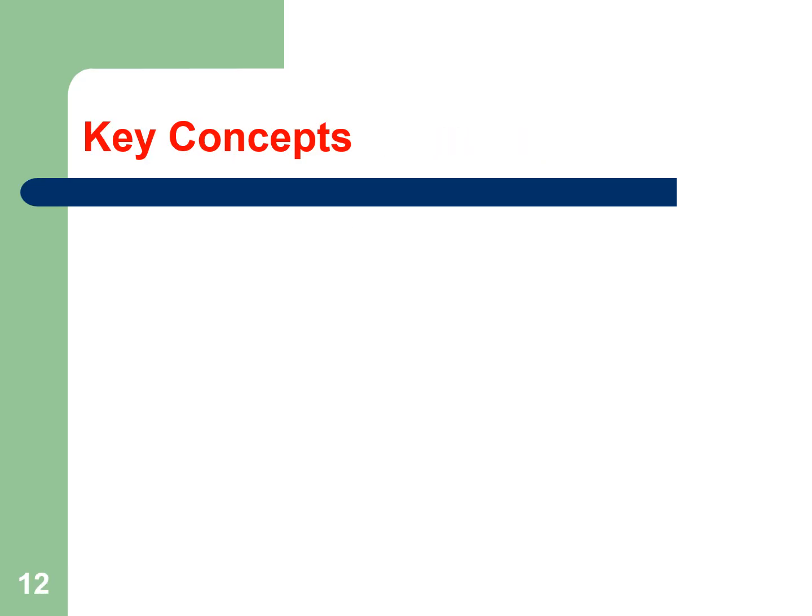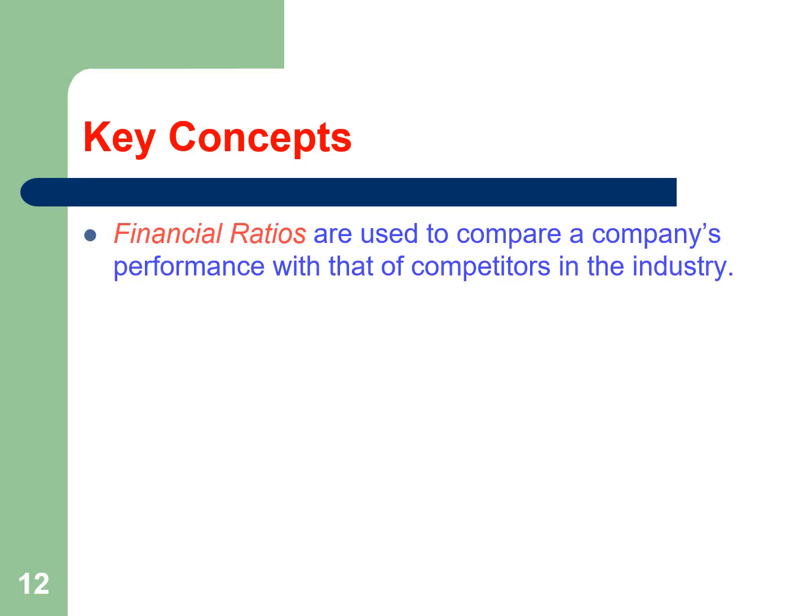This slide outlines some fundamental concepts that are essential for understanding finance and investment. Let's break down each of the following points. Financial ratios. These are important tools used to evaluate a company's performance. They help compare various aspects of a company's financial health against its competitors as well as against industry benchmarks.